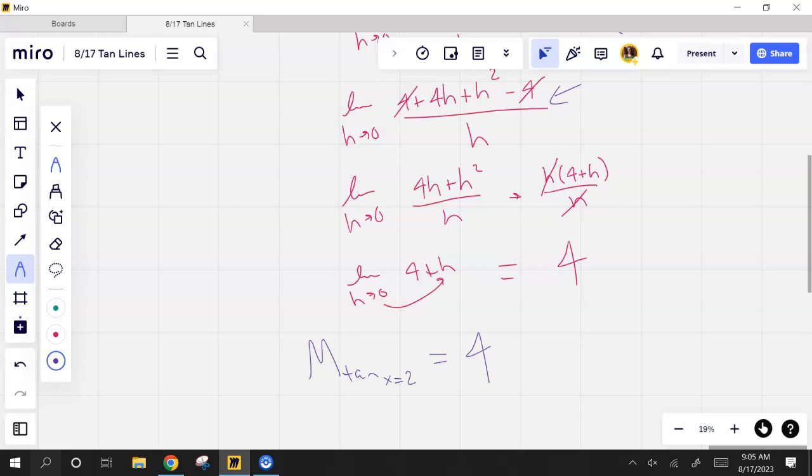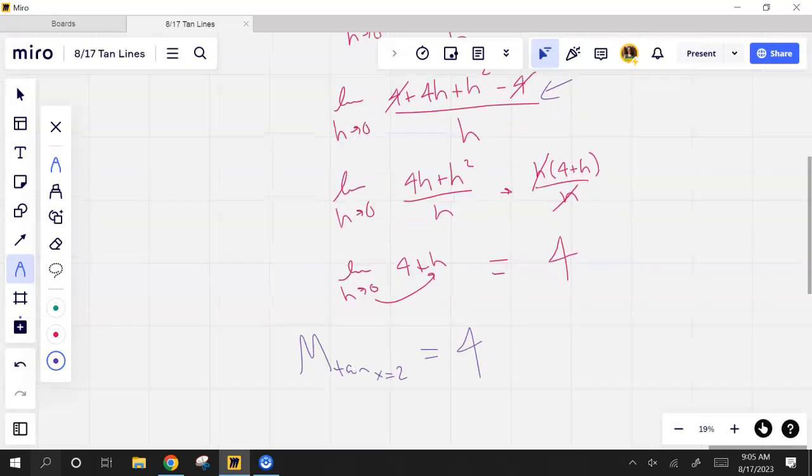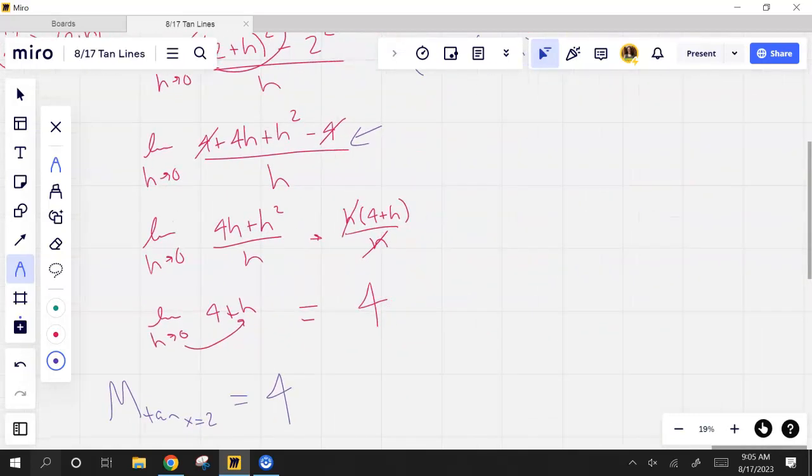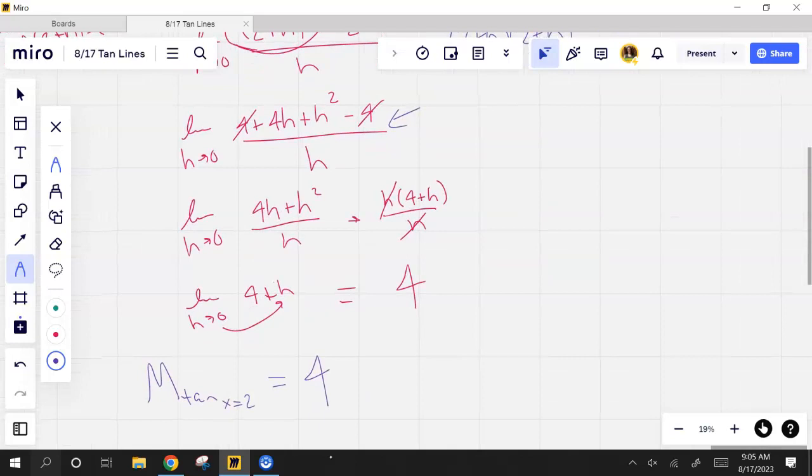Okay, but look, this is not the only thing we're looking for. This is the slope of the tan line. What if I asked you to write the equation of the tan line at the point 2, 4? Now we got to go back to algebra 1, right? To write the equation of a line. Okay, and this is huge.